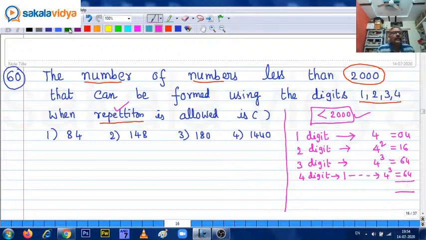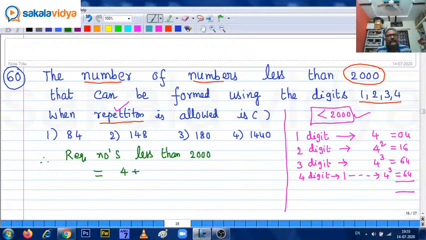So the required numbers less than 2000 equals 4 plus 16 plus 64 plus 64. 16 plus 4 is 28. 64 plus 64 is 128.